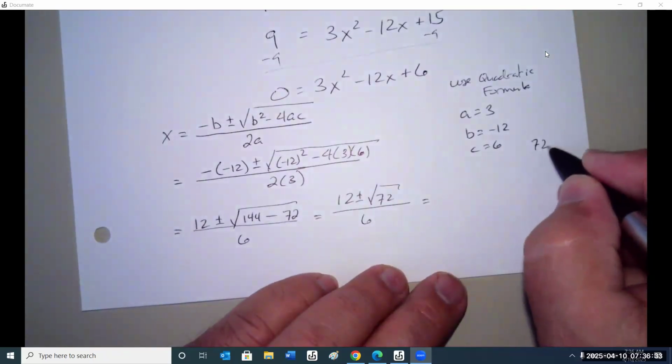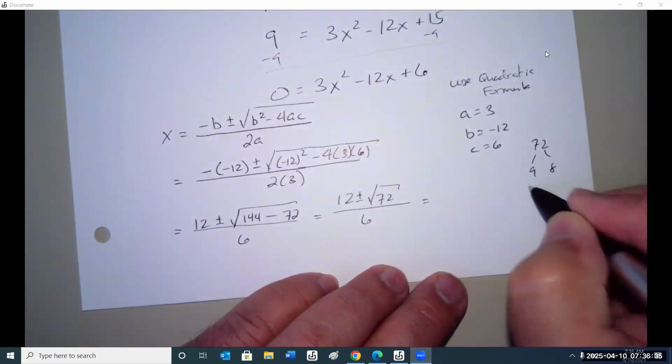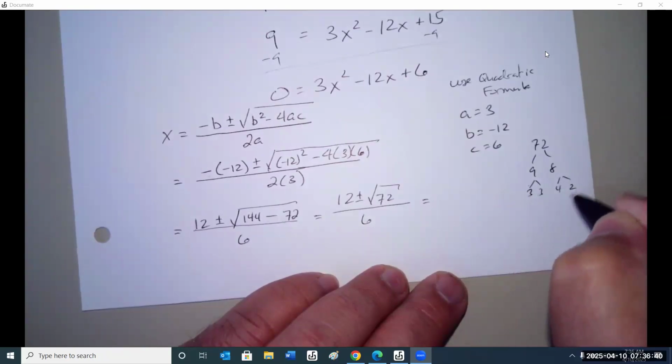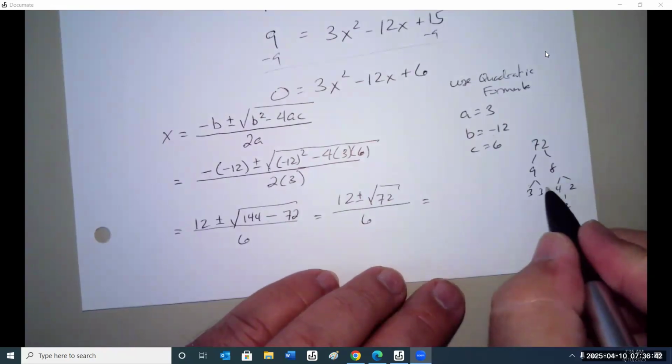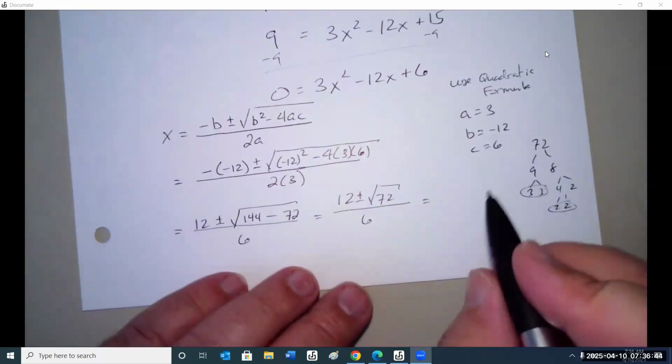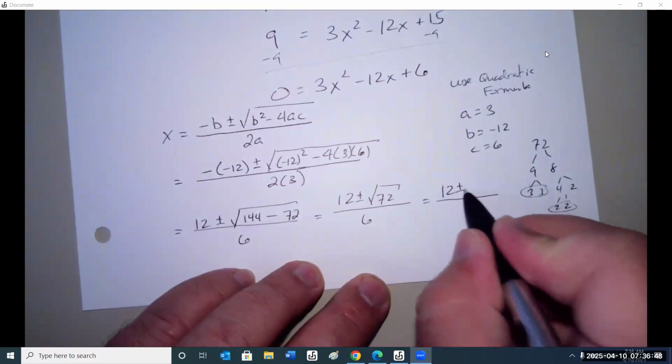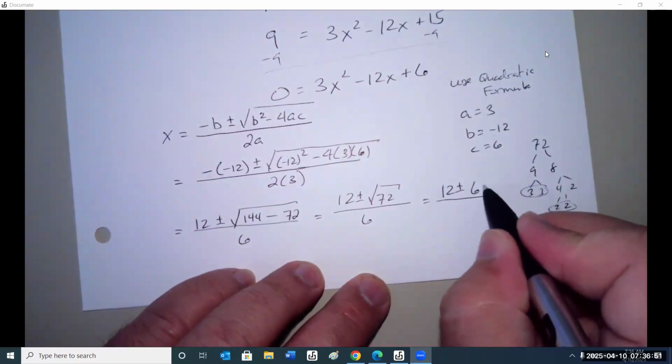And 72 is 9 times 8, 3 times 3, 4 times 2. So a 3 comes out and a 2 comes out. 3 times 2 is 6.